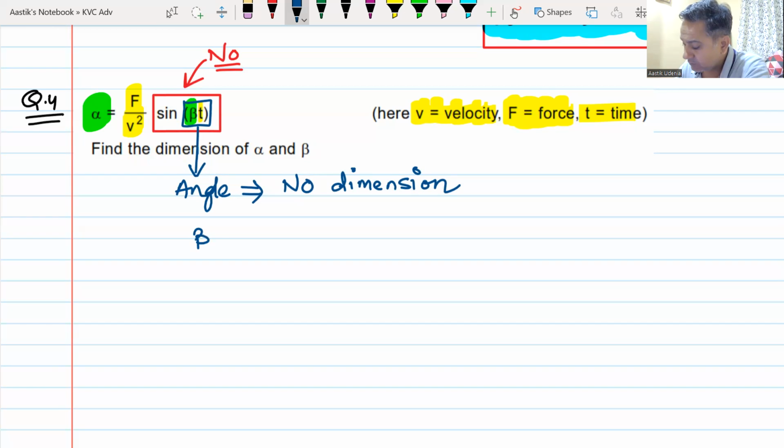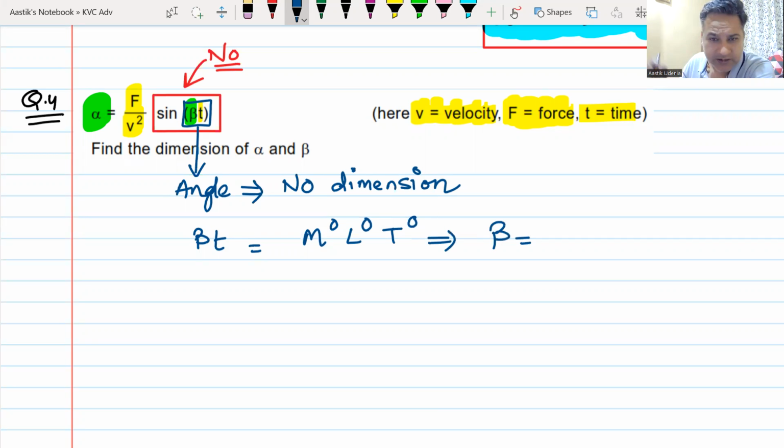So beta multiplied by t, the dimension must be equal to m0, l0 and t0. Do we understand this? Beta into t must have zero dimension. That means beta must have dimension of m0, l0, t0 divided by t.